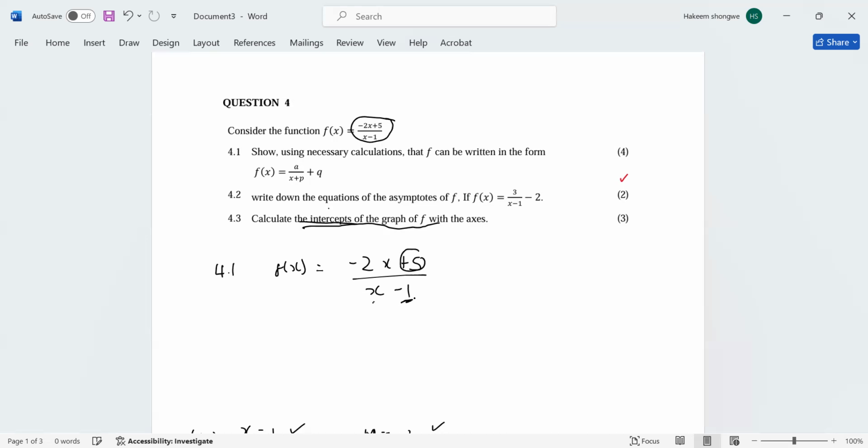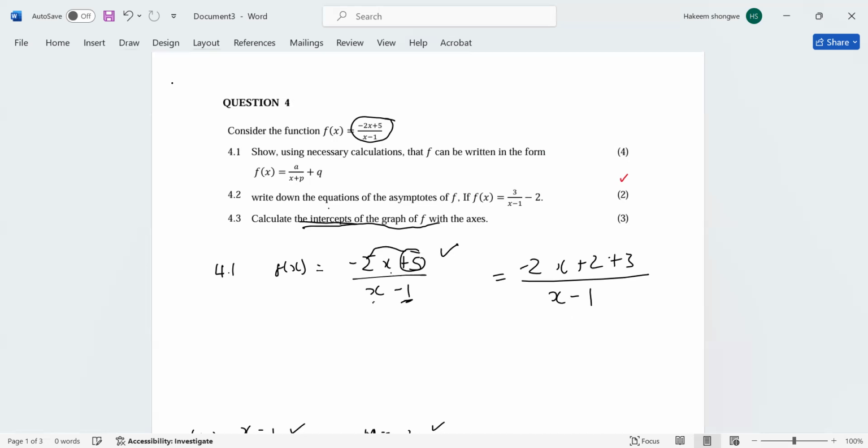Instead of plus 1, I'm going to make it positive 1. But because here I have 2, I'm going to change it to plus 2. So I'm going to have minus 2x plus 2, and then a value I can add to give me 5, which is plus 3, all over x minus 1.